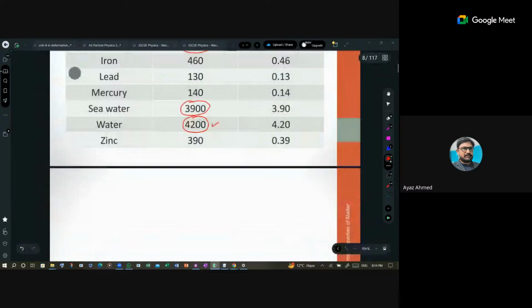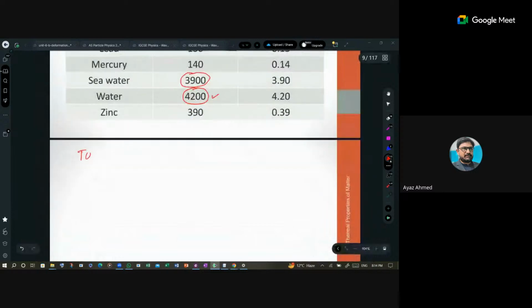So this means that to increase the temperature of 1 kg of water by 1 degree centigrade, how much heat do I require?